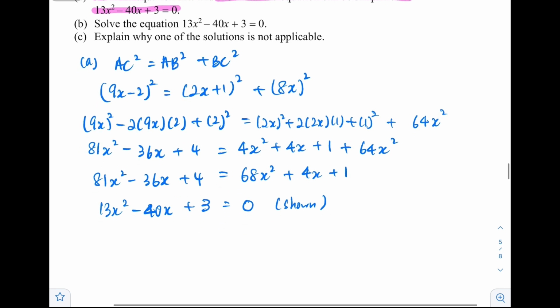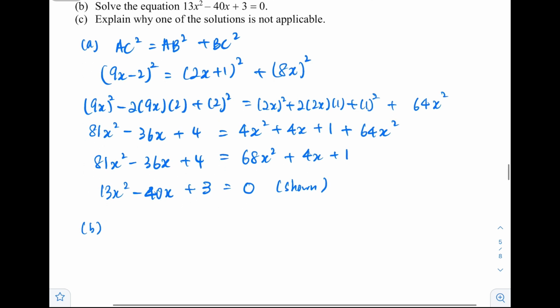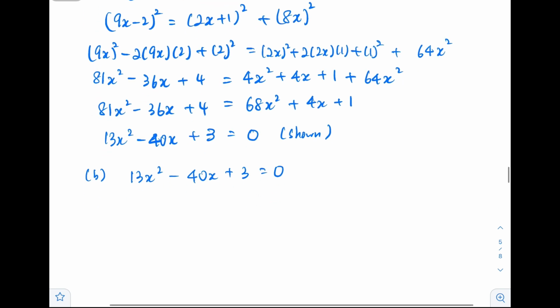In part B, we need to solve this equation. To solve quadratic equations, we can try to factorize our expression using the multiplication frame, or some of you use the cross method.